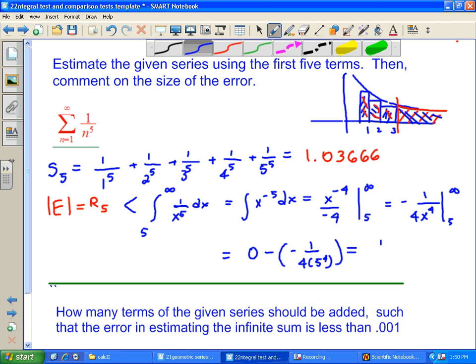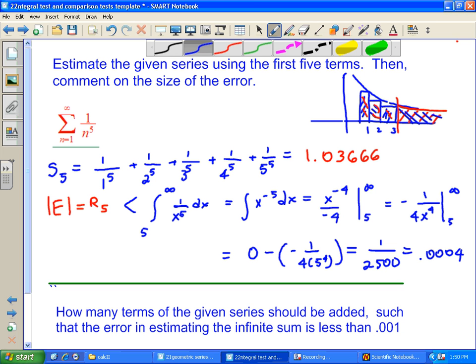We get positive 1 over what? Did you get 1 over 2500? Which is the decimal form, 0.0004. Not bad, huh?